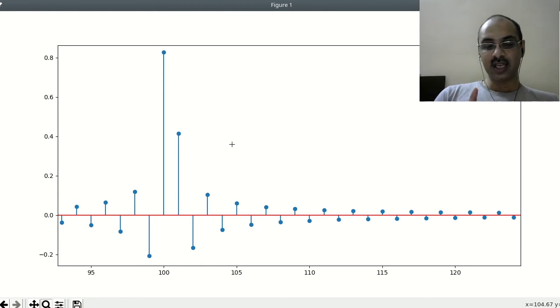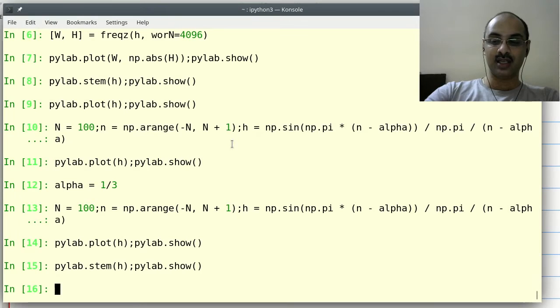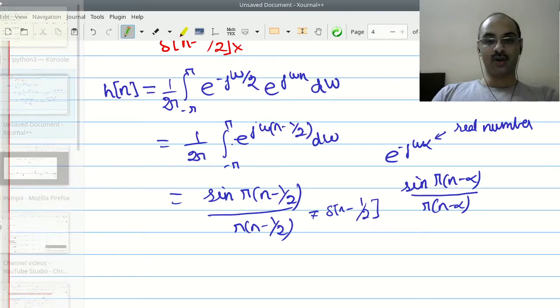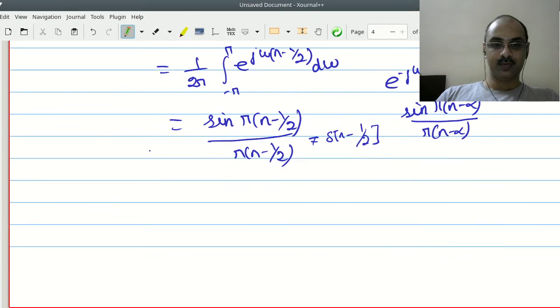Now this mystery will be absolutely clear to you if you just remember what the original delta n actually corresponds to. So I will draw it and show you. So this e power minus j omega alpha corresponds to a delay of alpha, correct? But what does alpha mean? It's alpha times T in the continuous time.